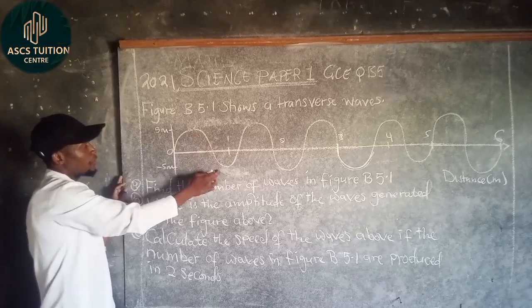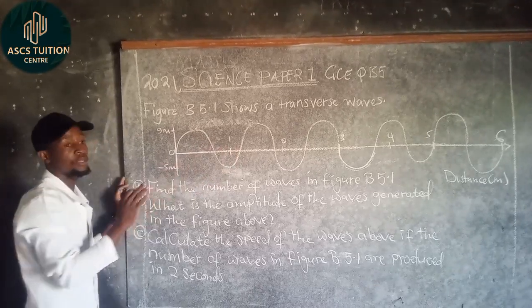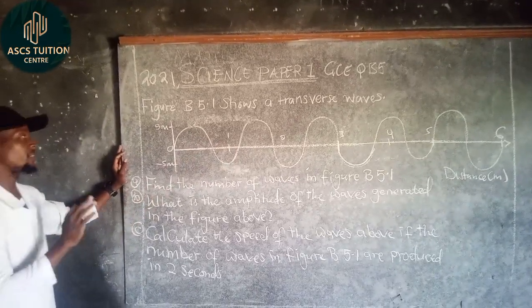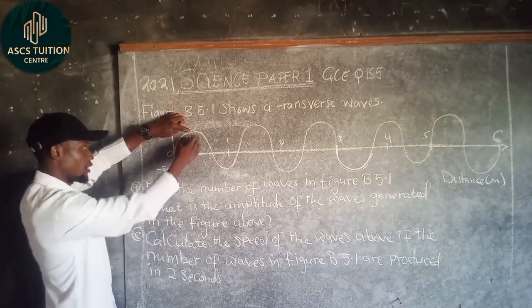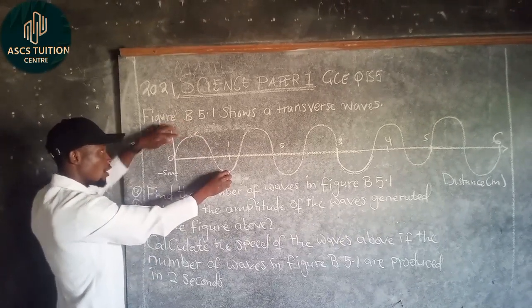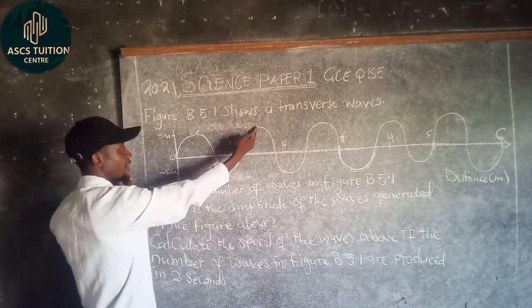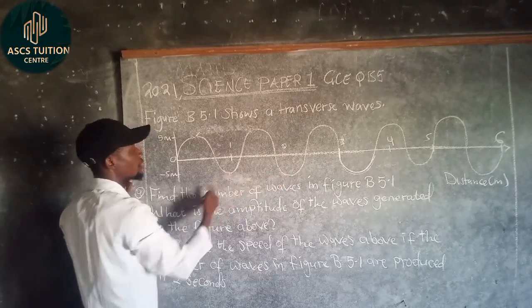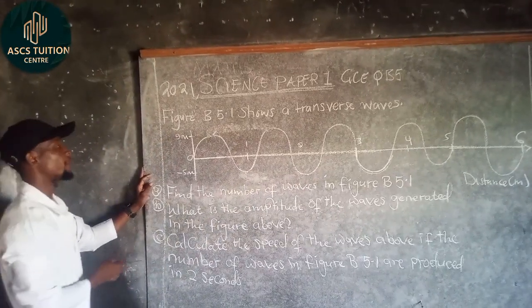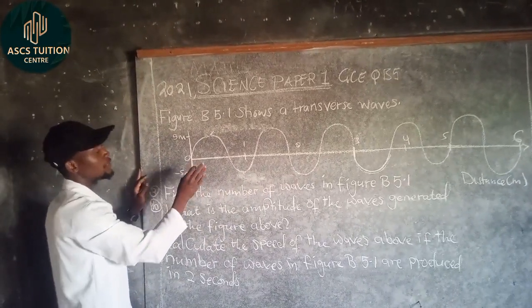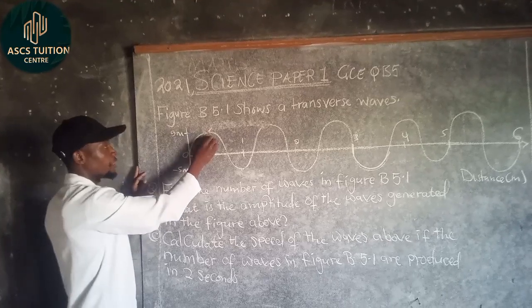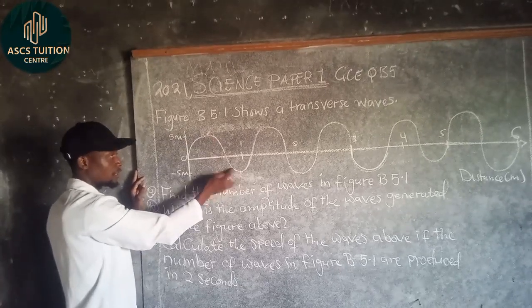Now, to determine the number of waves, we're going to look at a complete cycle. A complete cycle can be between crest and crest, or trough and trough. Therefore, to determine the number of waves, we just count a complete cycle. So a complete cycle involves a crest and a trough.